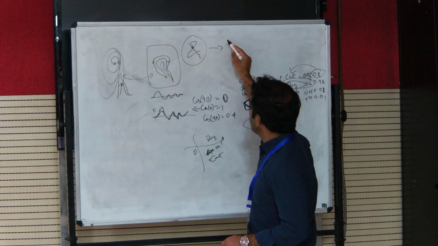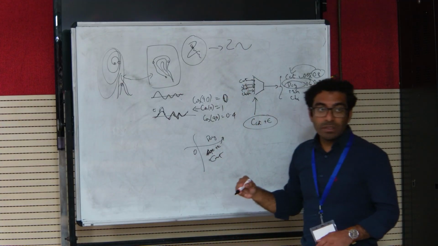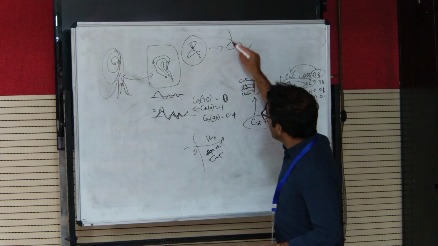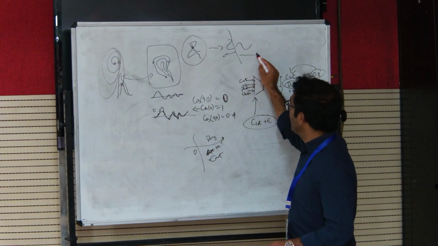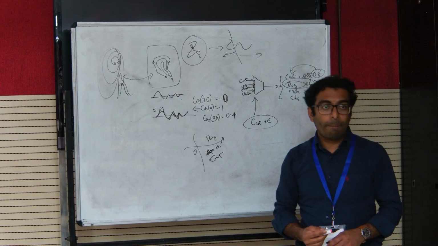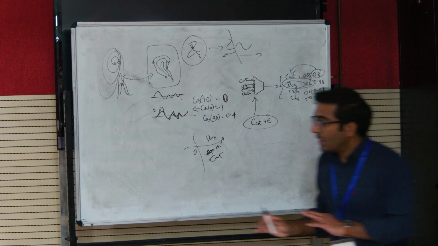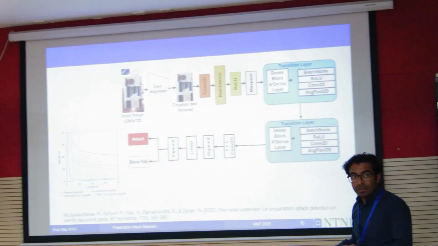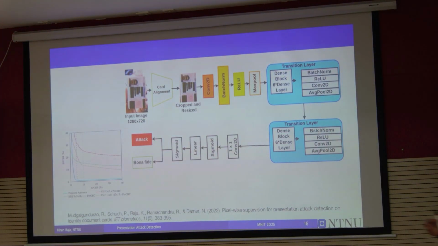Now when I do that, I get a better boundary like this. That means I can now say that everything lying here is bona fide, everything lying here is attack. But this is not the main point. The main point is to look at your features as displayed, try to analyze the features in the embedding space, and then looking at those features, you can come up with a technique to address those problems.